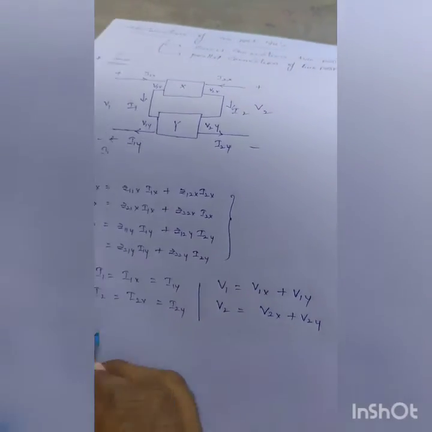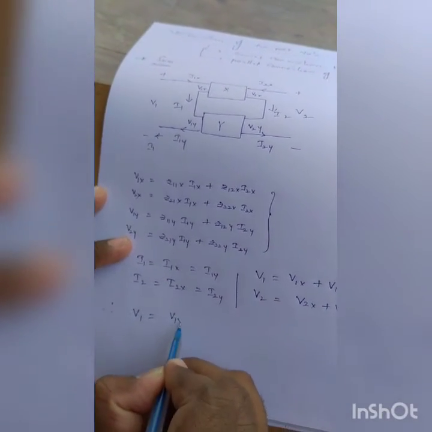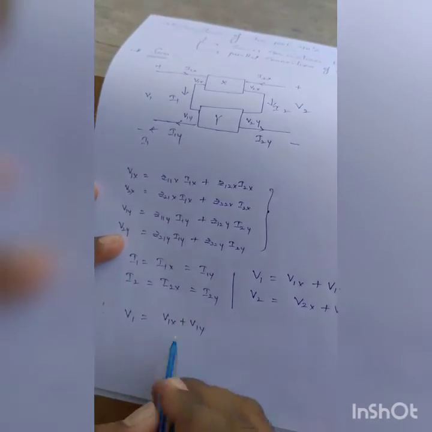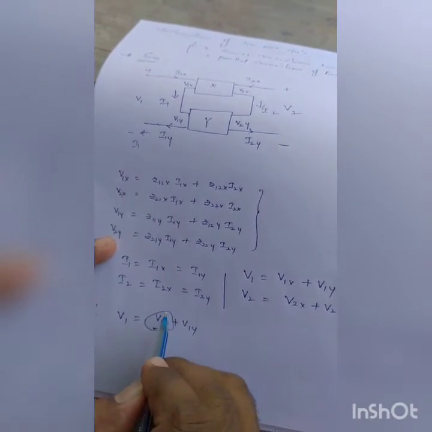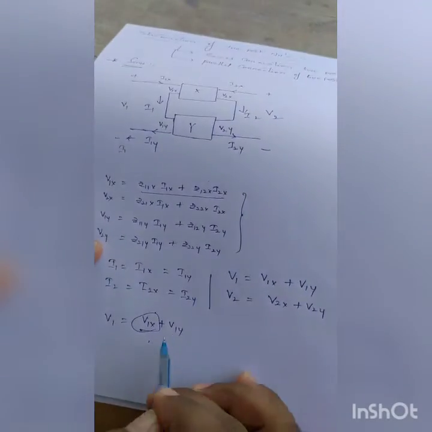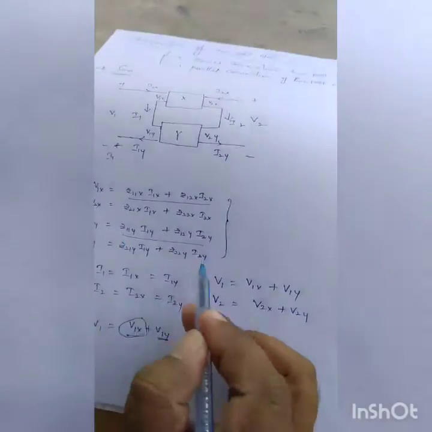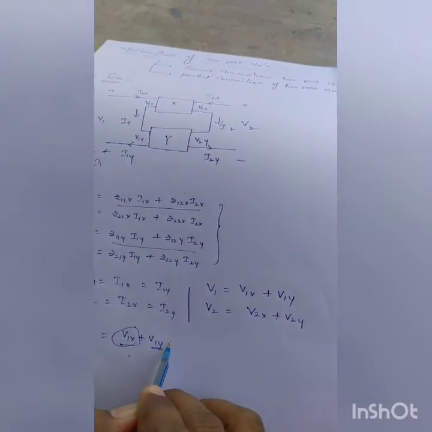Now therefore V1 is equal to V1x plus V1y. What is the value of V1x? V1x is equal to this one. Substitute this into the V1 equation.